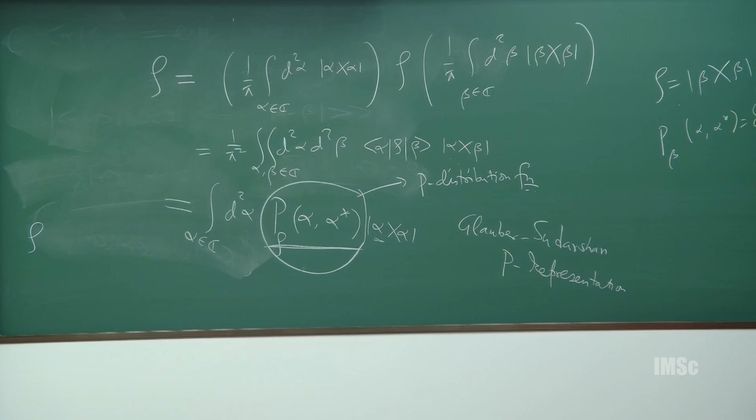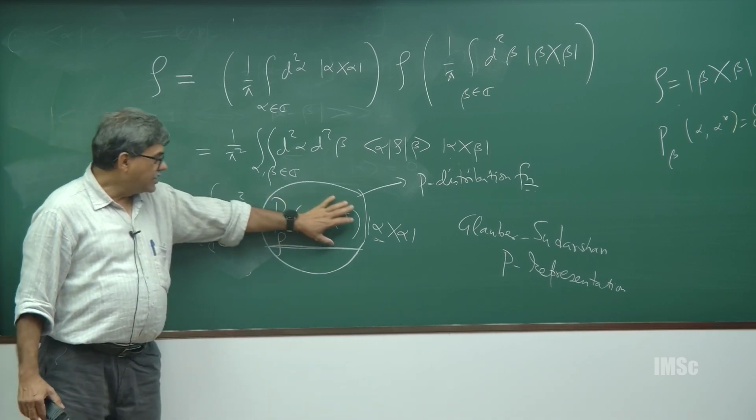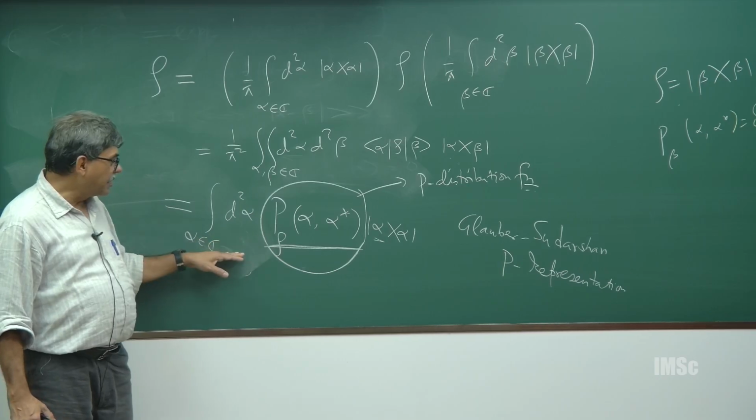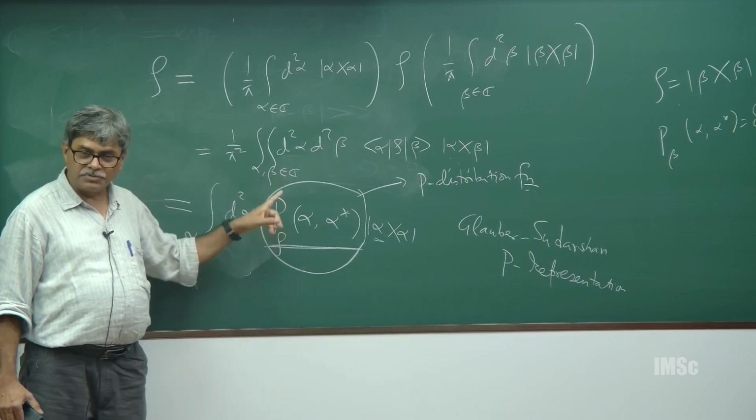If I take any function P(alpha, alpha star), it will correspond to a physical, not necessarily classical, state. Any function you cannot take, it should have certain properties. For example, if I integrate this over the entire complex plane it should give me 1, otherwise it will not be a distribution function.